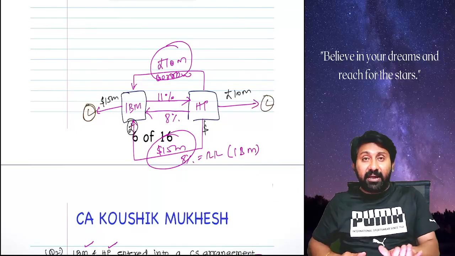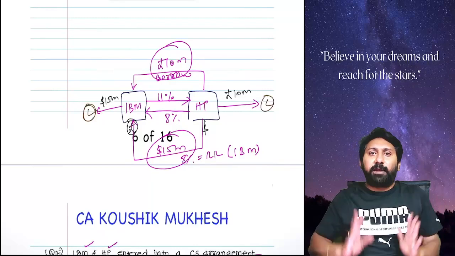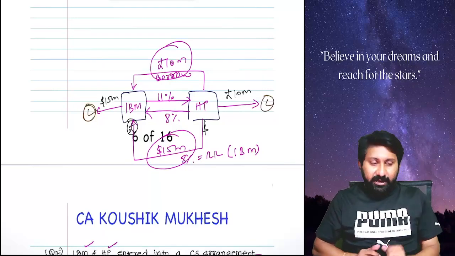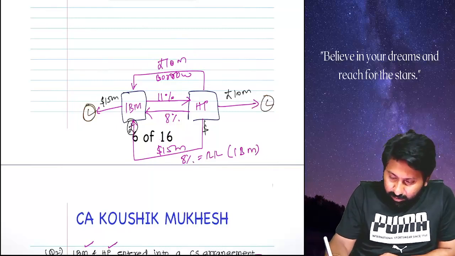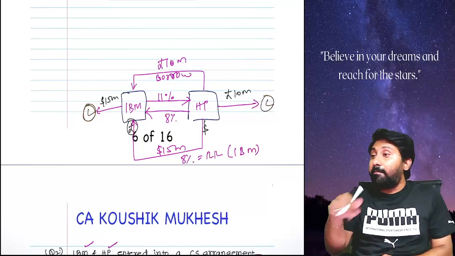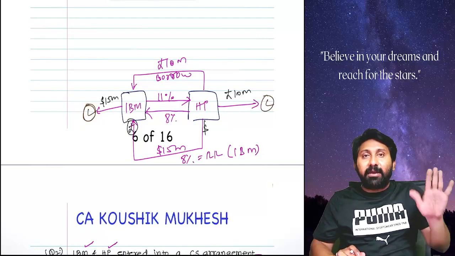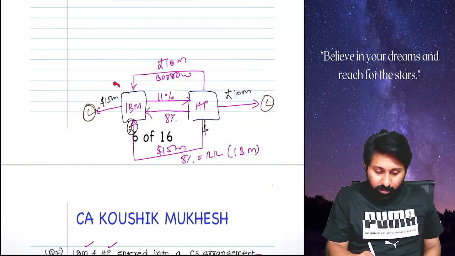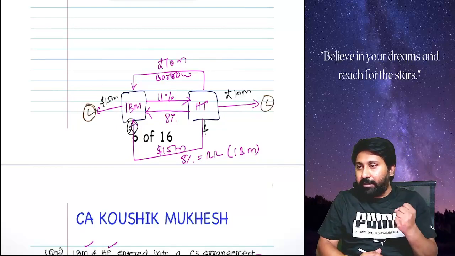In CFA Level 3, they explain this in a beautiful way, which I will try to explain to you in the same way. Let us understand this. See the markings I am doing. Today, IBM entered into a dollar loan. From the lender, it has taken $15 million.